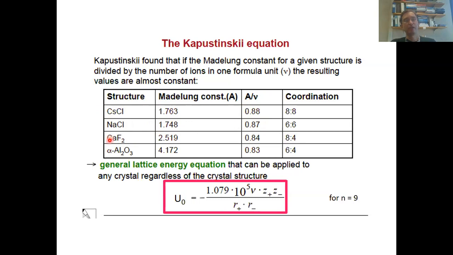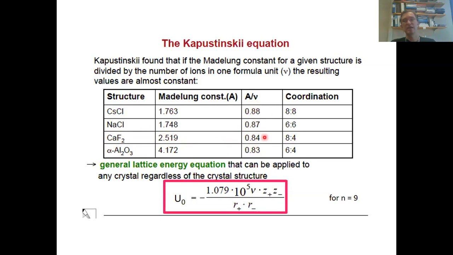For ionic compounds with more than 2 ions in the formula unit, we get much larger values, but if we divide these values by the number of ions in the formula unit, that again becomes a very similar value. The same holds, for instance, for alpha alumina, which has 5 ions per formula unit. If we divide the Madelung constant by 5, we again arrive at a value of about 0.8.